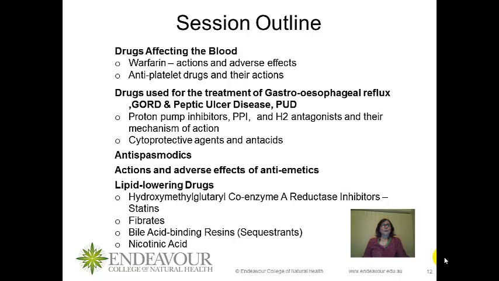We'll now have a look at some disorders of the gastrointestinal tract. We will look very briefly at antispasmodics and agents that are used to prevent vomiting, antiemetics.